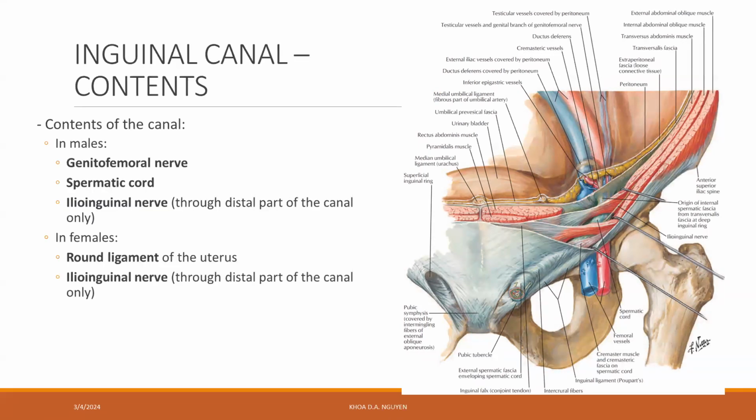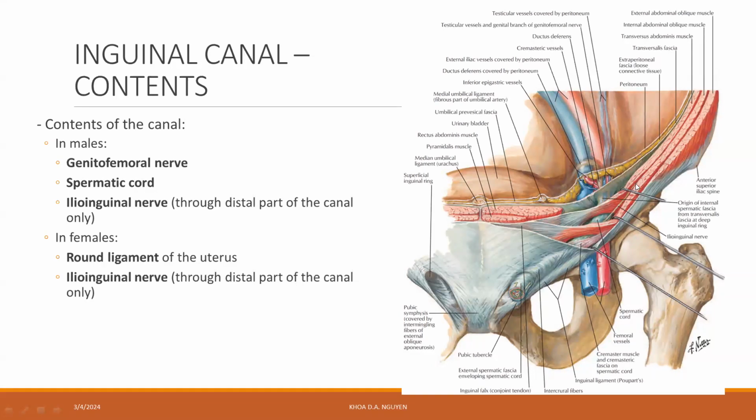So now let's talk about the contents of the inguinal canal. The inguinal canal's contents are going to be different depending on whether you are male or female. If you are a male, you will have the genitofemoral nerve and the spermatic cord, as well as the ilioinguinal nerve within the inguinal canal. The ilioinguinal nerve is a special case. At first, it runs right here in between the internal oblique muscle and the transversus abdominis muscle.